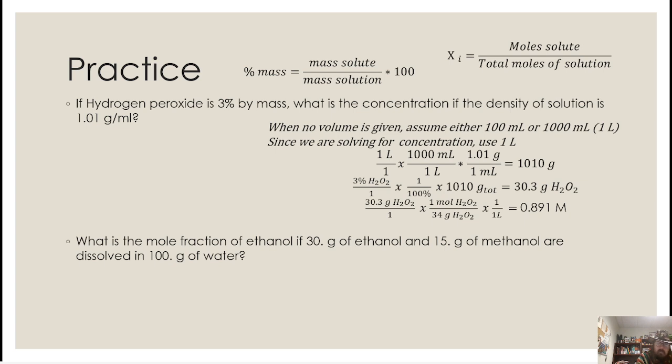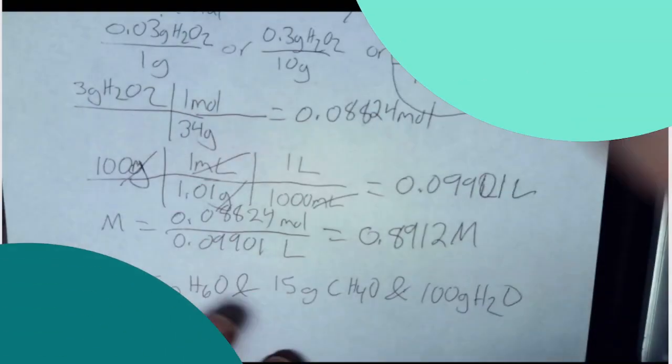And 15 grams of methanol, which is C1H4O, are mixed with 100 grams of water, 100 grams of H2O. What is the mole fraction? So back to the salt mines here for the calculation.